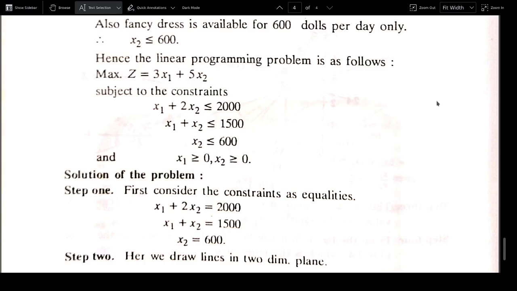Because it is not possible to write 2000 on the x2 axis. So just up to 1 unit you consider this is 500. Next, with the same measurement you consider this is 1000, and the next one is 2000. So in this way you substitute, then you will get the value.